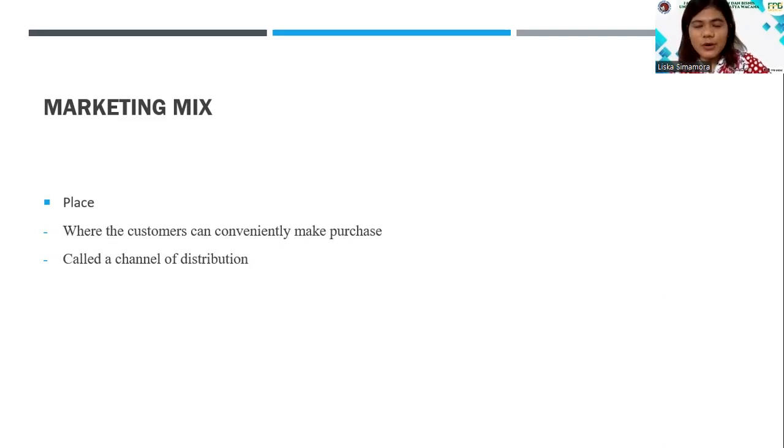At this moment, we see some businesses don't have a physical form because they just have business online. Let's say like a reseller, they don't have a physical business. And of course, the company is encouraged to do these two types of place, online and offline.